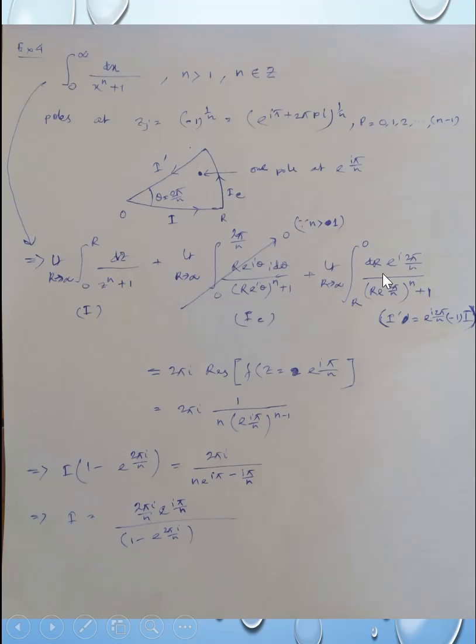That is on the left hand side, and on the right hand side you calculate the residue, applying the formula 2 pi I into the residue of f at z equals e to the I pi by n, right?